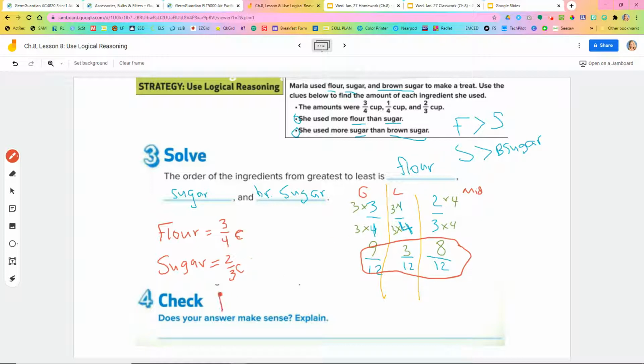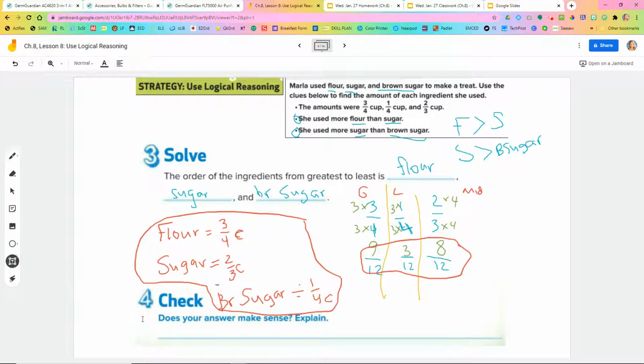And then last was my brown sugar. And that was the least. And so my least over here was 3/12, which matches to that 1/4 of a cup. So all of this is my answer right here because I've got to show which ingredients match to which amount.